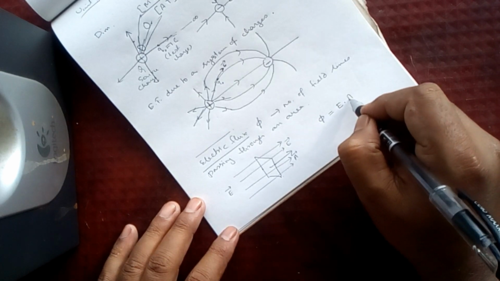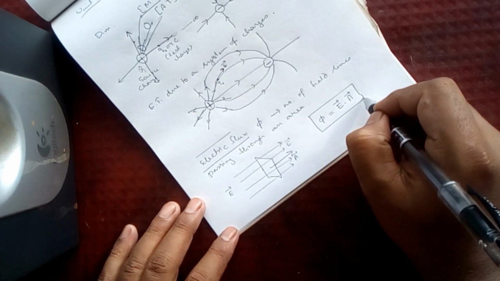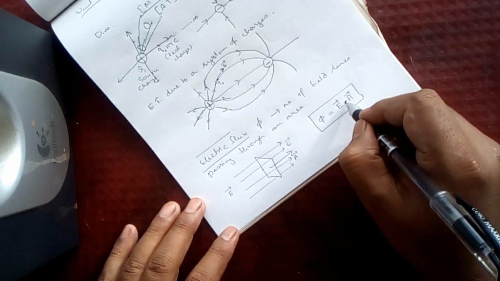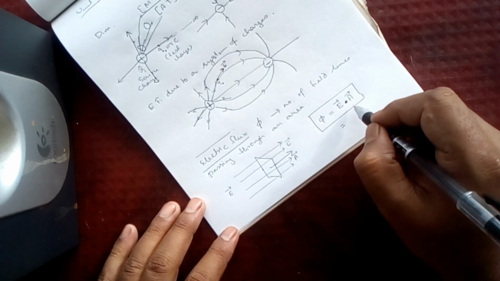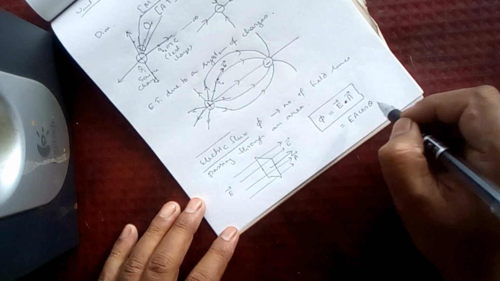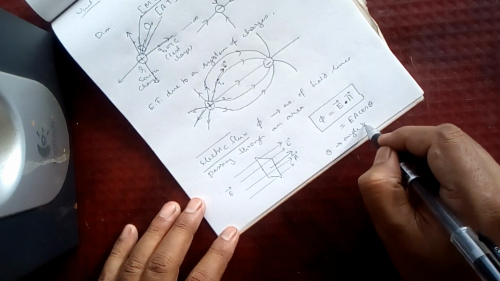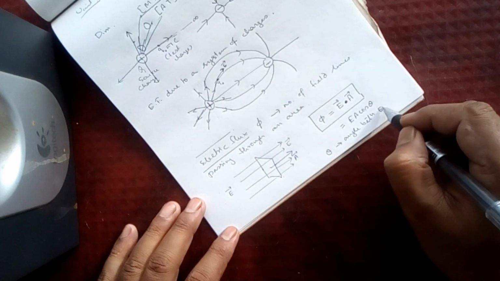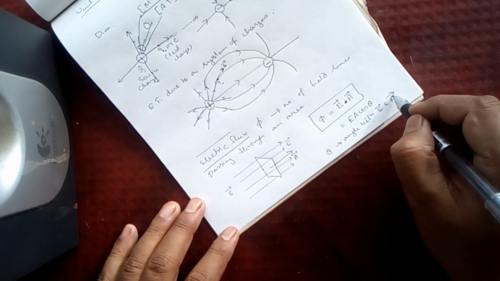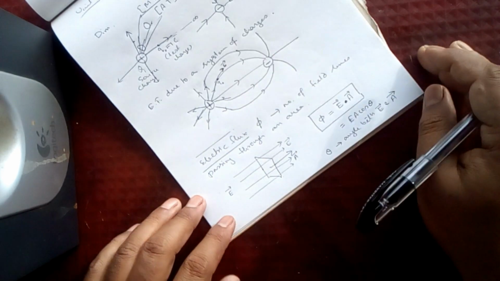Actually this is a general formula for flux. Here we have a dot product, and when we remove this dot product we get this. So what is theta? Theta is the angle between electric field and area vector. Area is a vector, its direction is perpendicular to the surface.